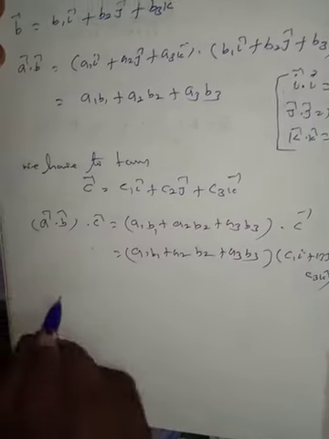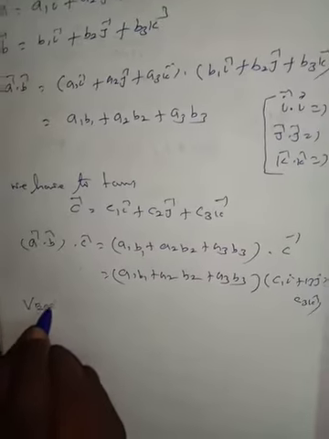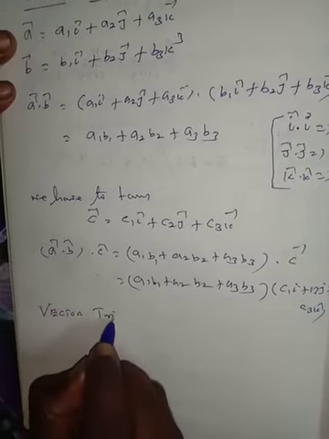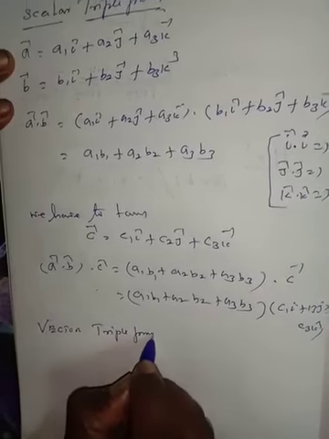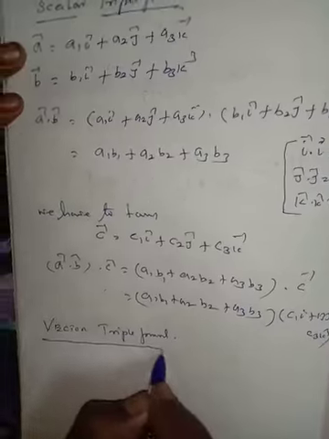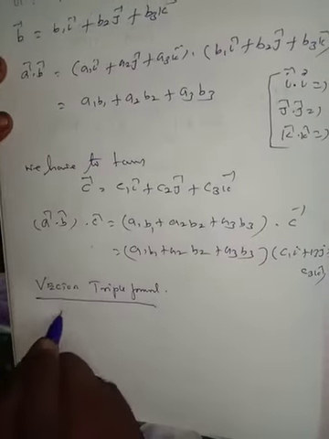Next, vector triple product. Vector triple product means take three vectors.